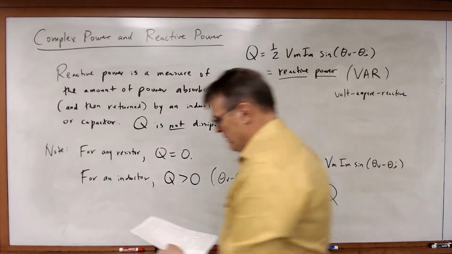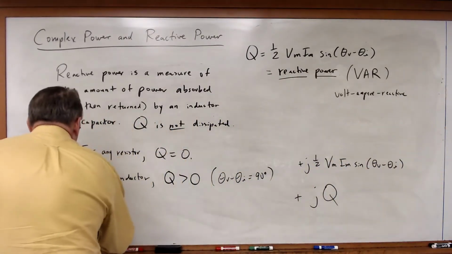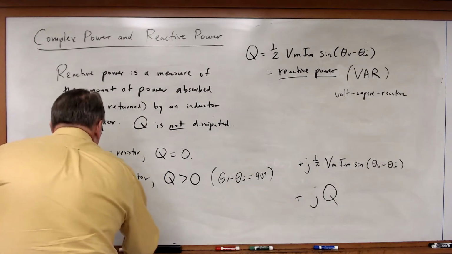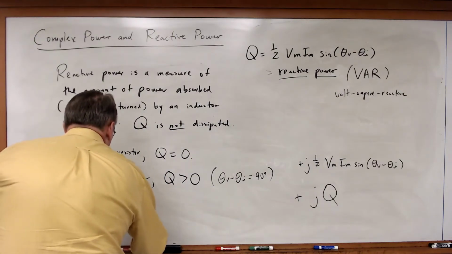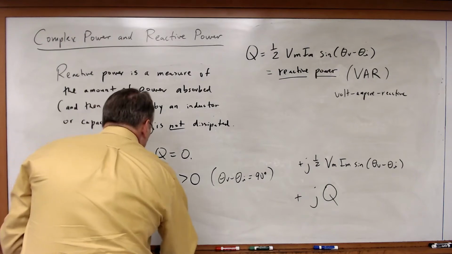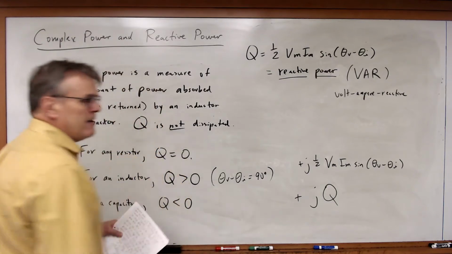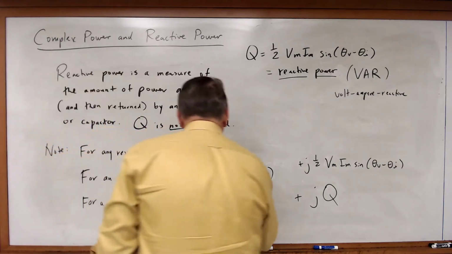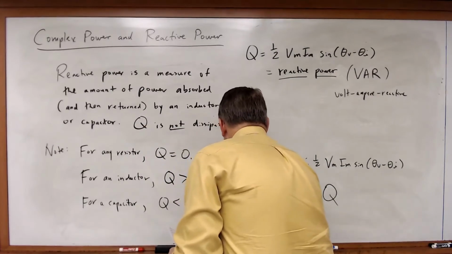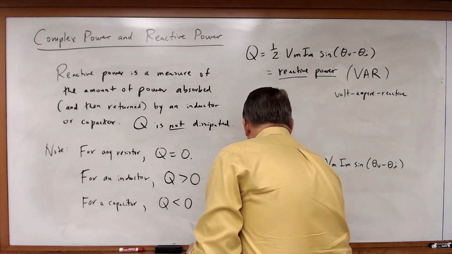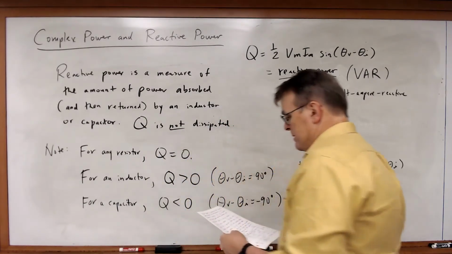For a capacitor, Q is going to be a negative number, since theta sub V minus theta sub I is minus 90 degrees.